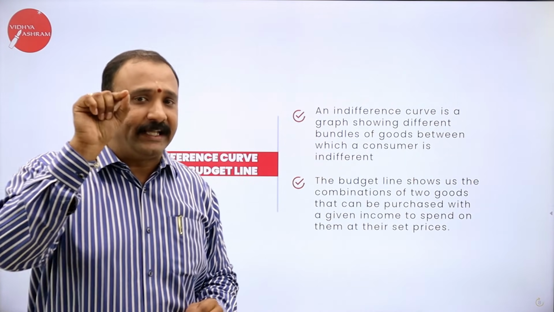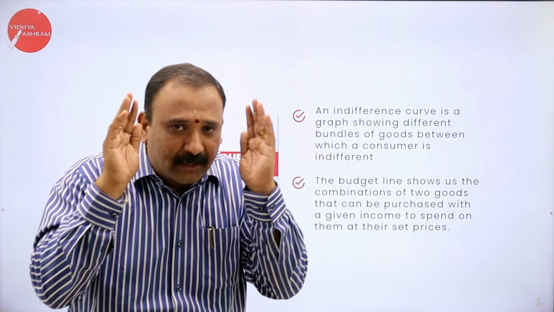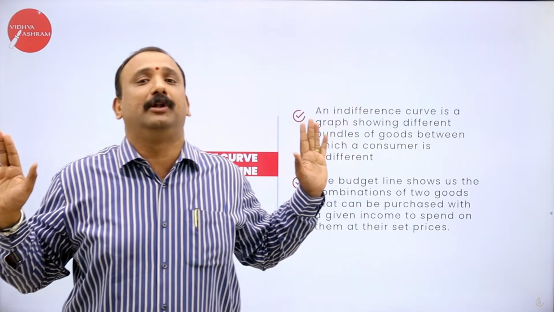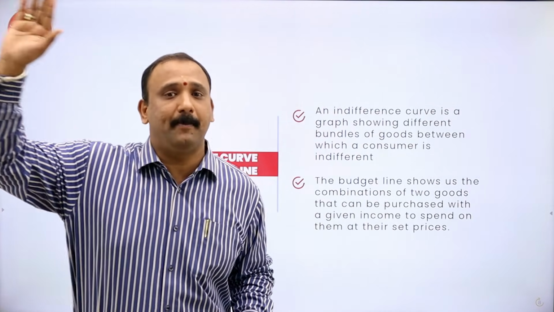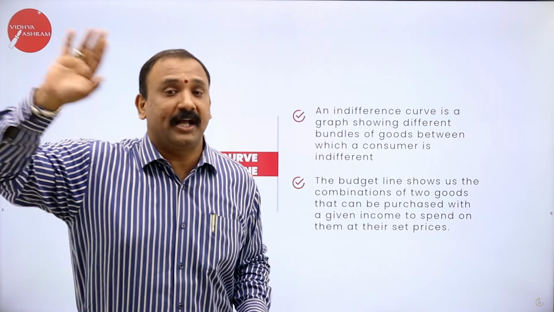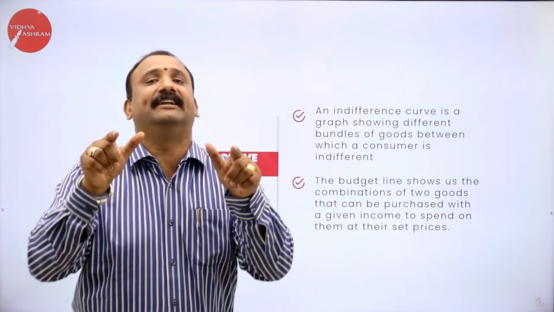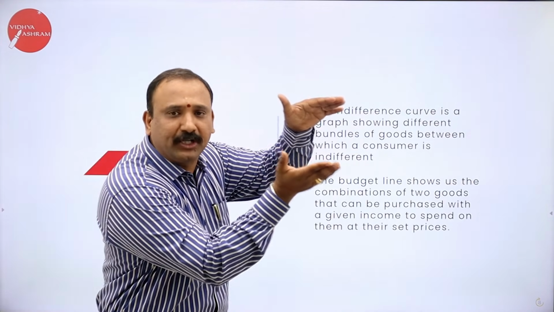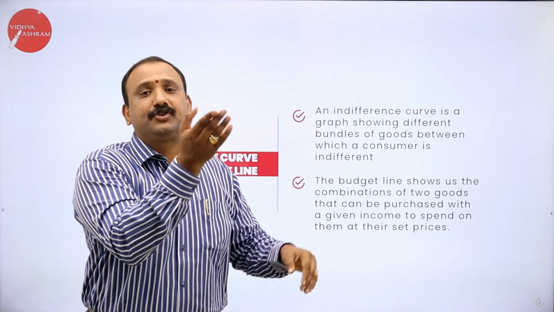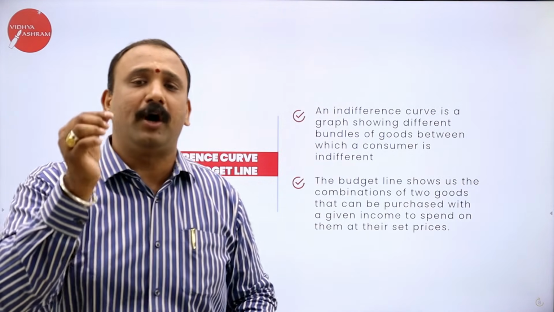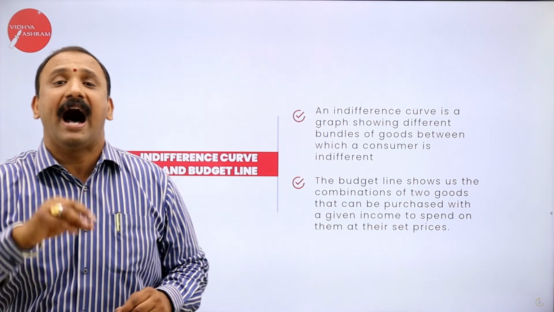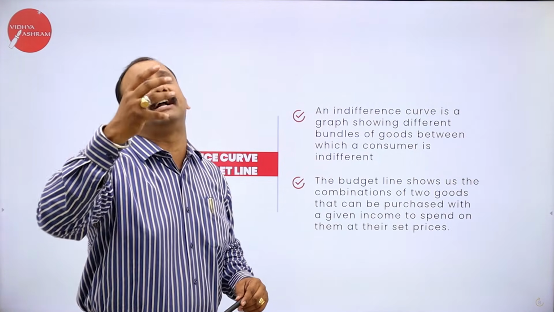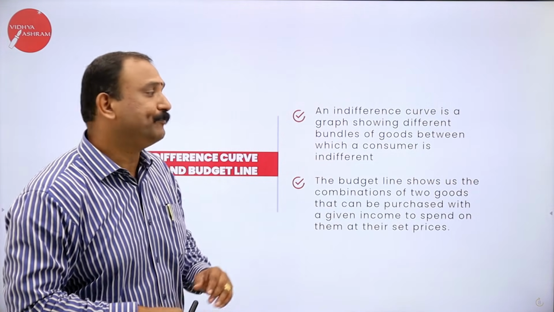Because that particular bundle or choice is what the consumer will not give up. He is happy with that. He does not want to come out of that scenario. Nothing else will make any difference in his life. He wants to stick to that point where he can say that that is where I am satisfied, that is where I am getting my maximum satisfaction altogether.